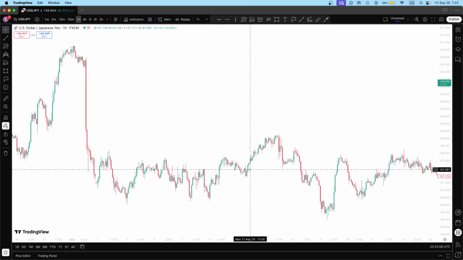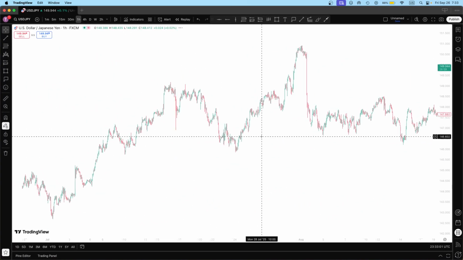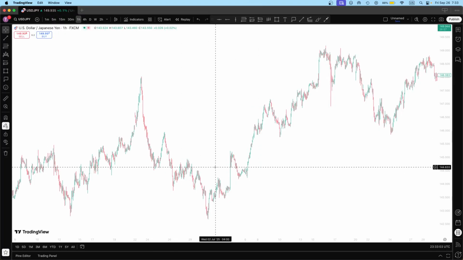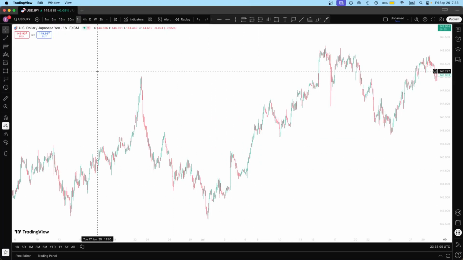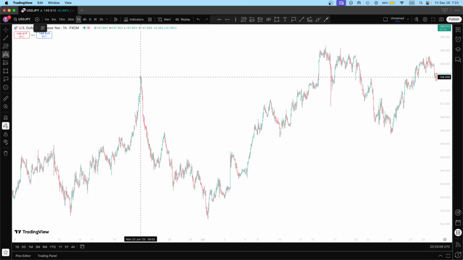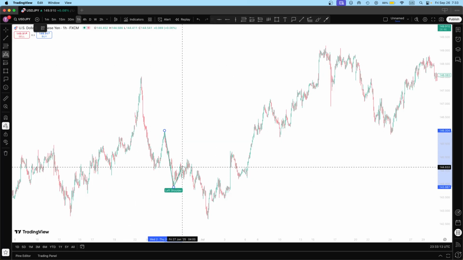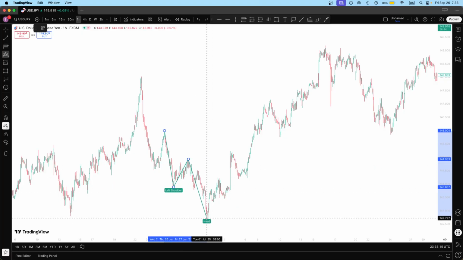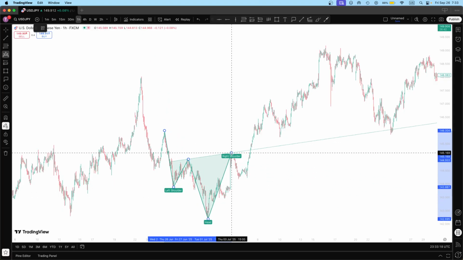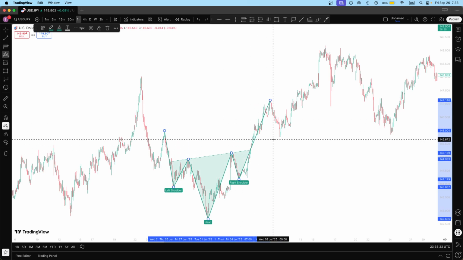Okay, this one looks pretty. Okay, let's use from here. Left shoulder, head, right shoulder, and then advance further.